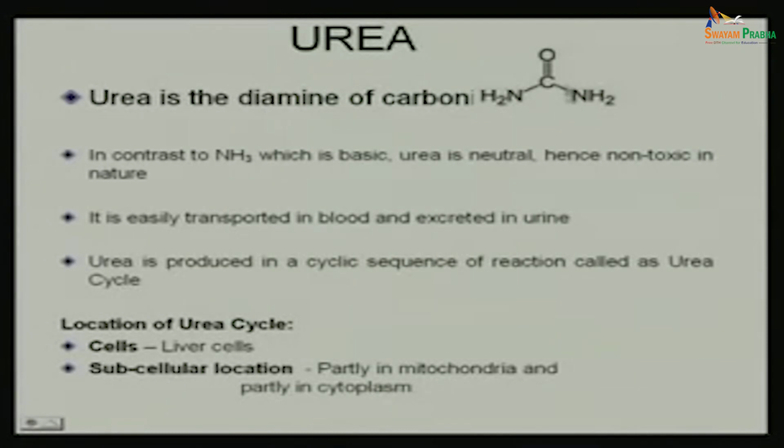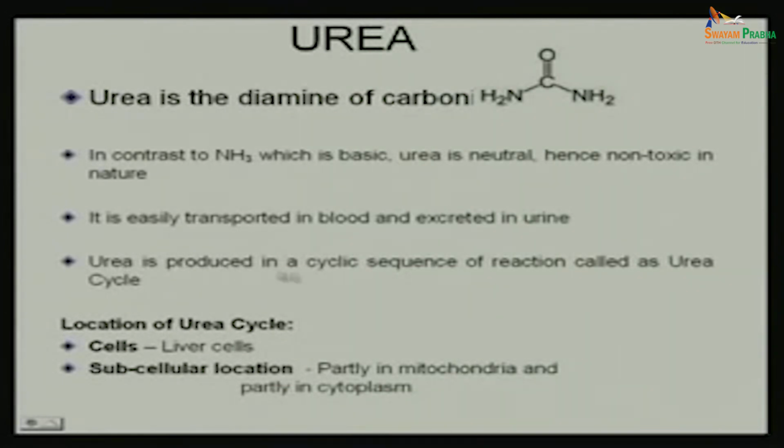A very simple structure: two amino groups attached to C double bond O. In contrast to ammonia, which is basic in nature, urea is neutral and hence non-toxic. It is easily transported in blood and excreted in urine.